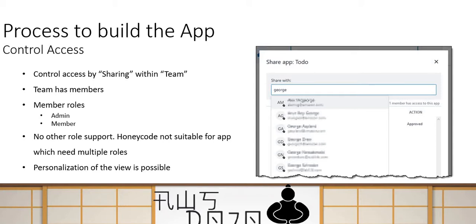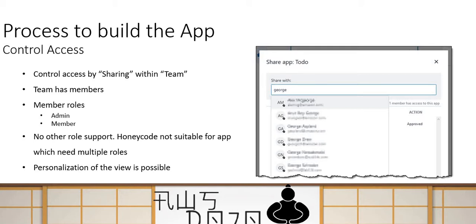Admins are the people who can actually modify the app. They are the app creators who create and modify apps, and the member role is for team members who can only access the app, who can run the app, but they cannot modify the app.